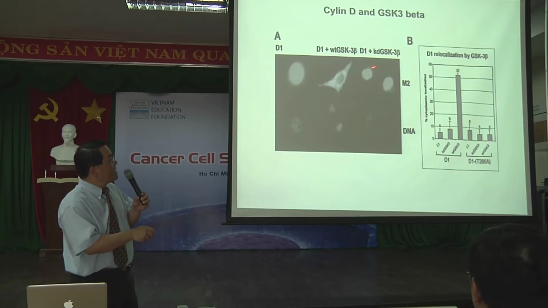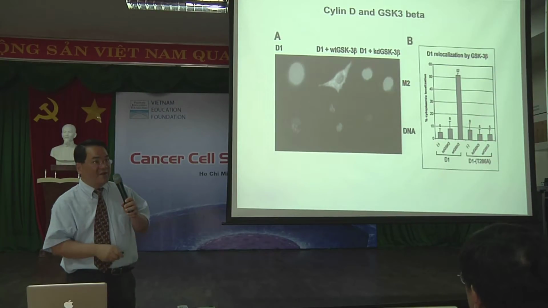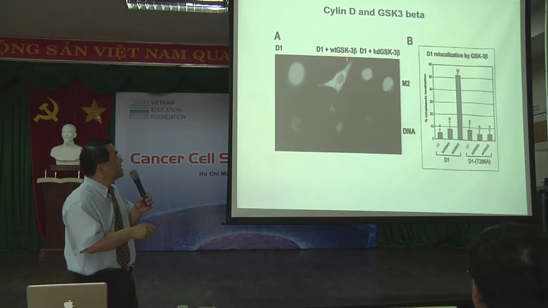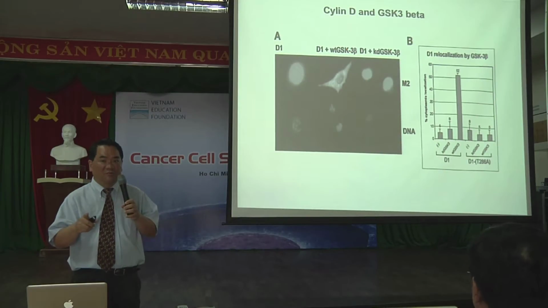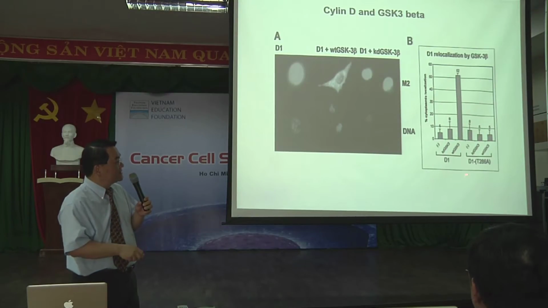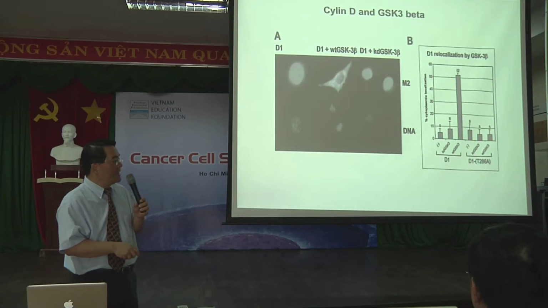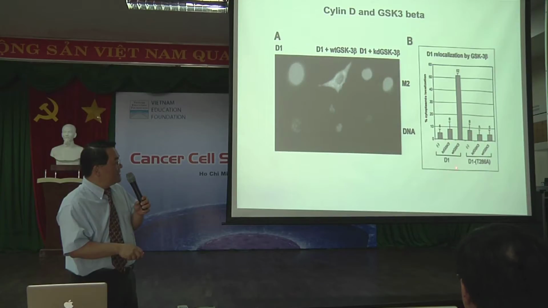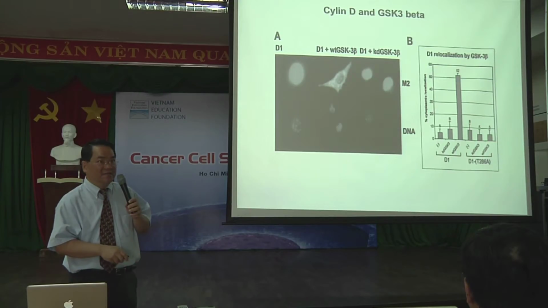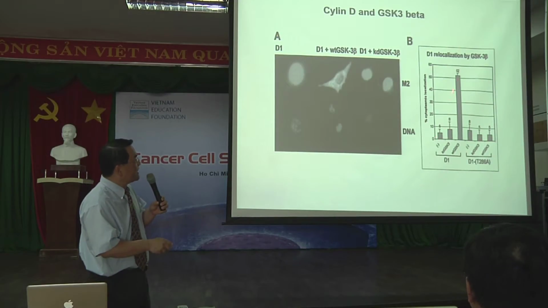Then the scientists found out GSK3 beta is responsible for phosphorylation of a residue on cyclin D. This is threonine 286. Because if they mutated that particular site, even in the presence of GSK3 beta, cyclin D is not mislocated.